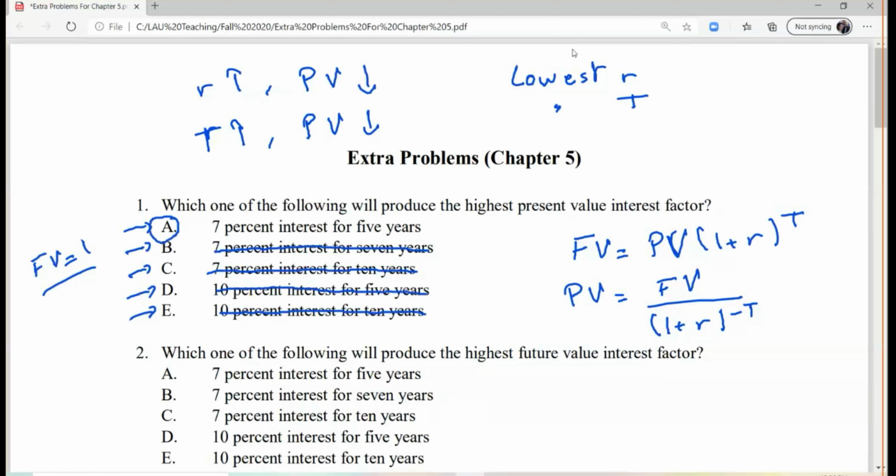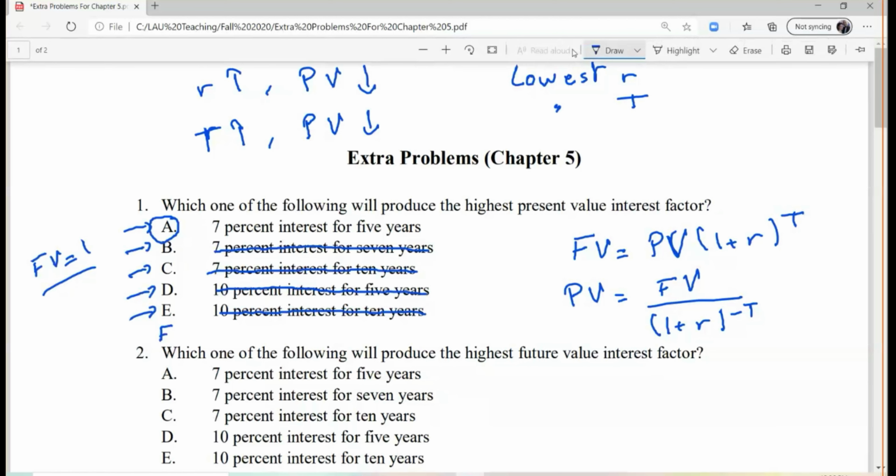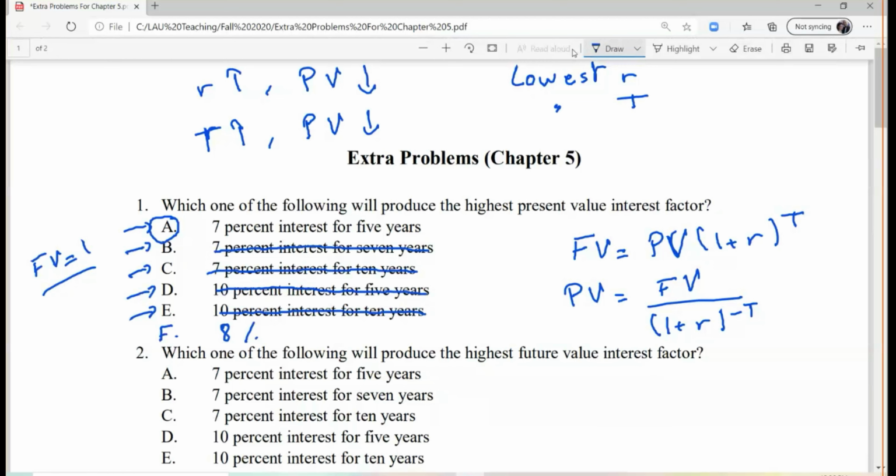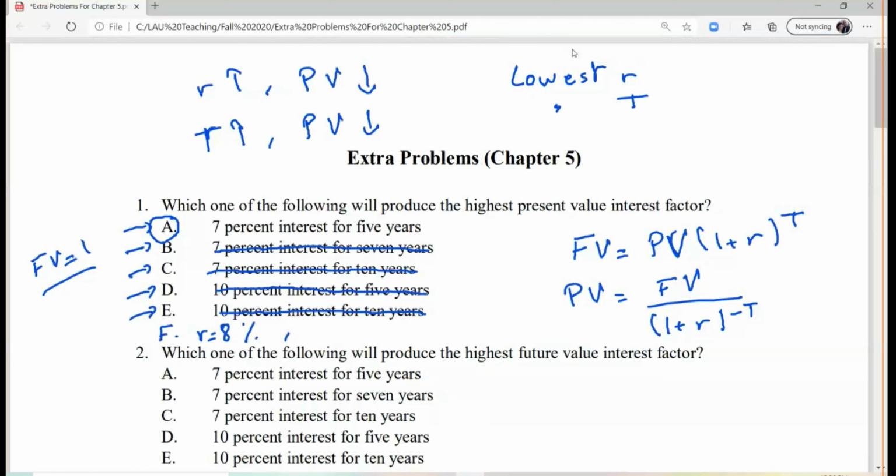Now, for example, if let's say I had also F. For F, you have an 8% interest rate, so R equals 8%, and T equals 4.